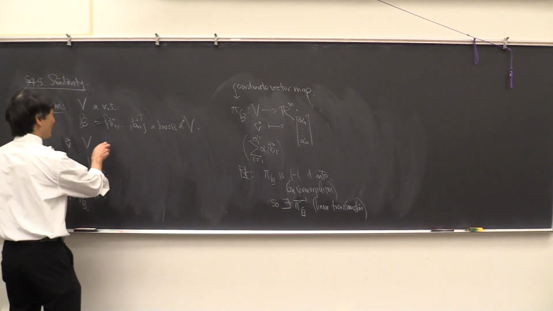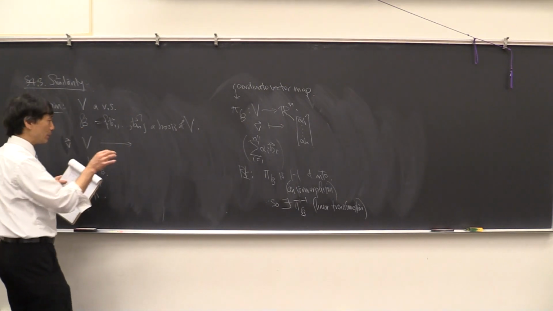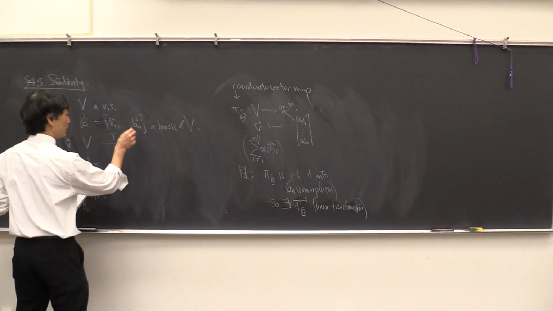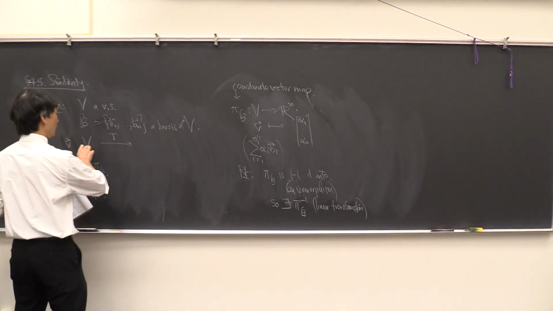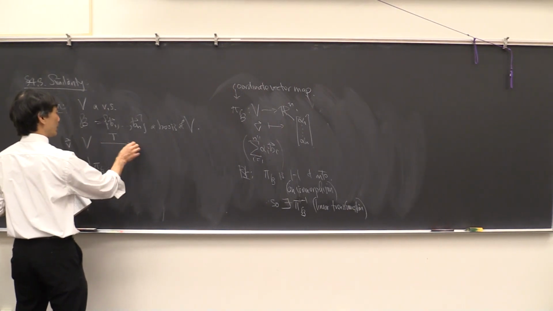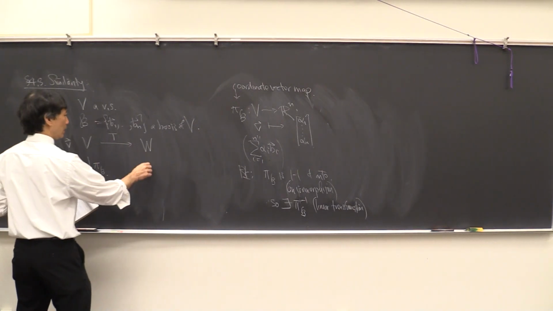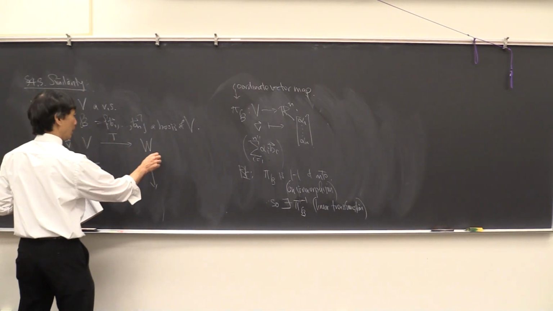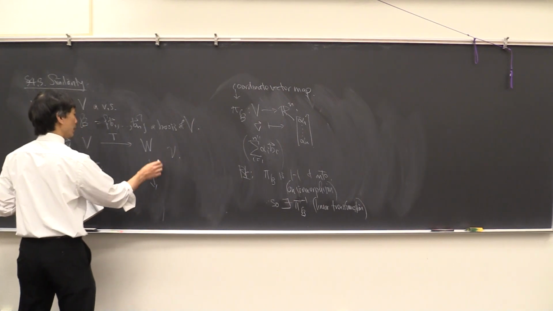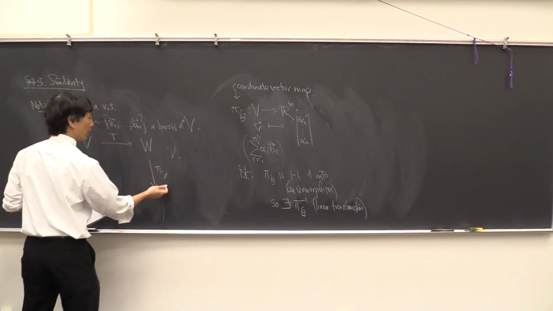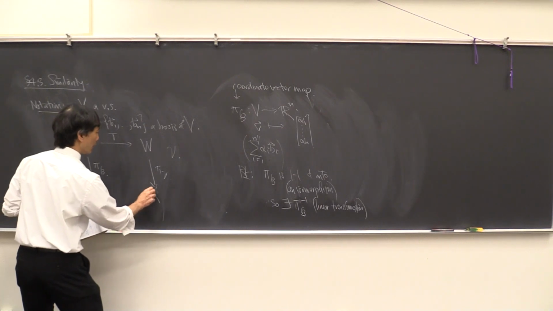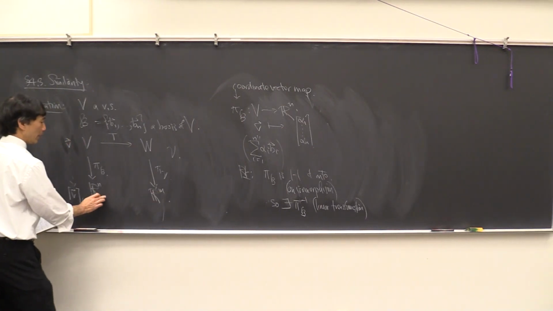Right, and remember we're talking about matrix representations of a linear transformation. You've got some map going from one vector space to another vector space. You've got a basis over here and the corresponding coordinate vector map into Rm.